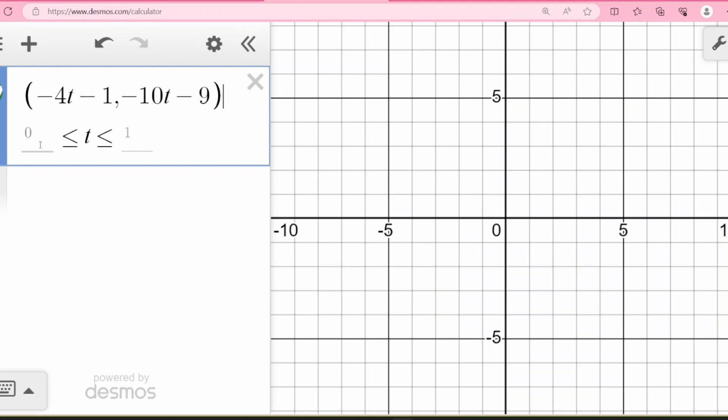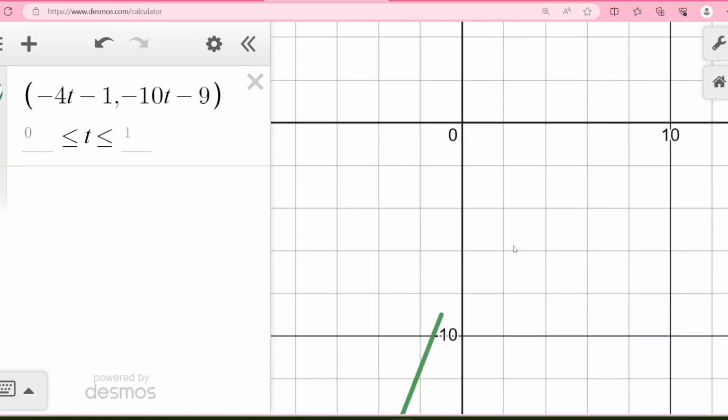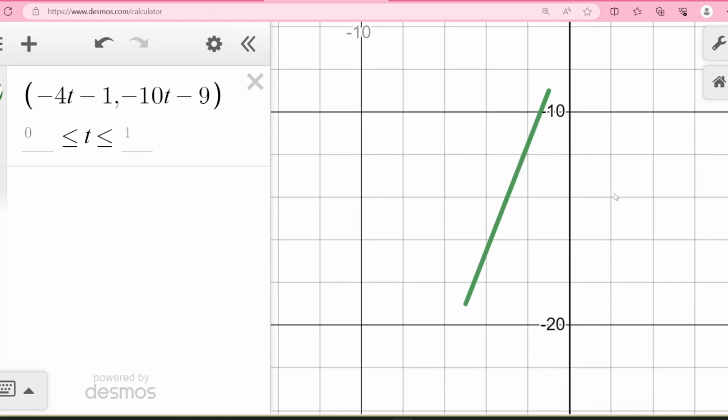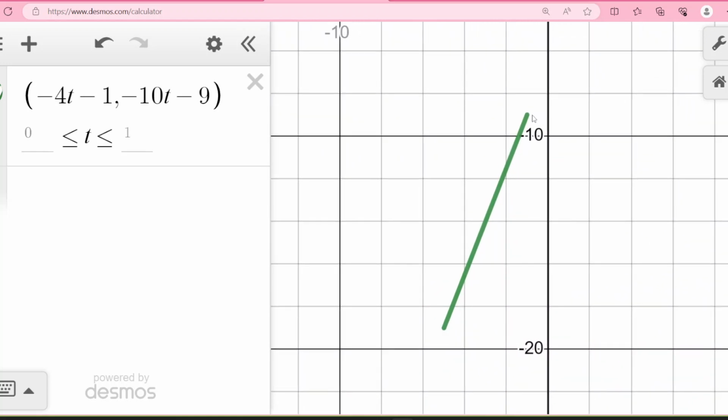Now you see here when t equals 0, you'd be at the point -1, -9. That's starting down here, so here's part of the line. At t equals 0 you're starting here, and then it's going down to this point when t equals 1. So that's just a part of the line.